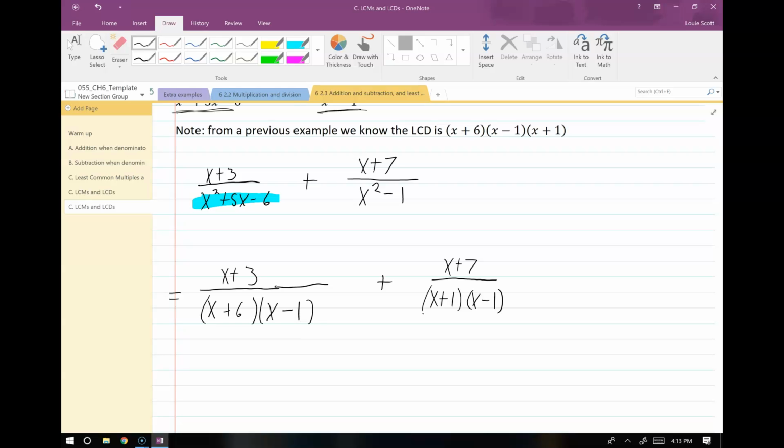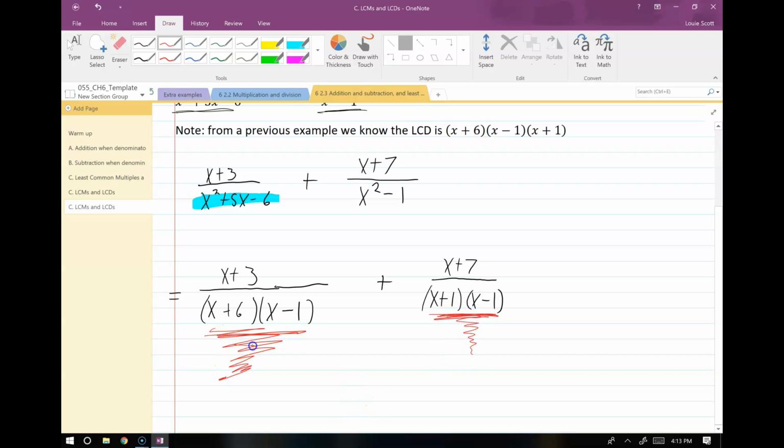So now, instead of doing that big long thing where we list all the LCDs on the side, all I need to do at this point is ask what factors this denominator is missing. This one has x plus 6 and x minus 1. This one has x plus 1 and x minus 1.